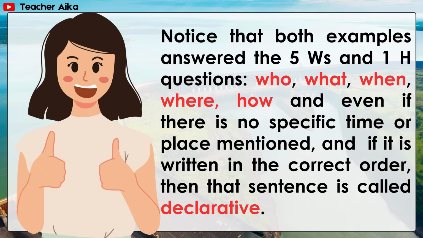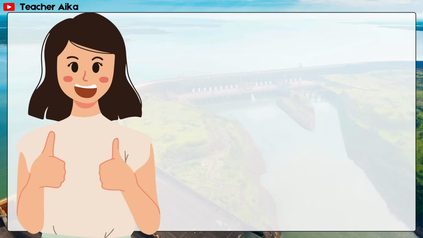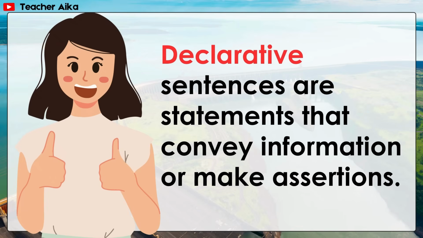Even if there is no specific time or place mentioned, and if it is written in the correct order, then that sentence is called declarative. Declarative sentences are statements that convey information or make assertions.